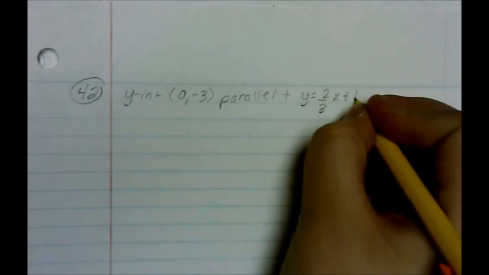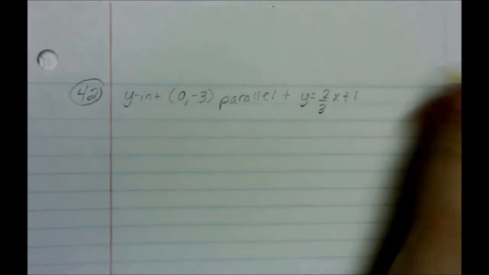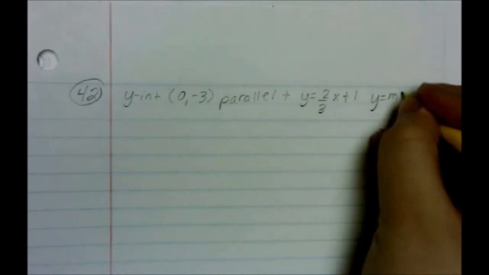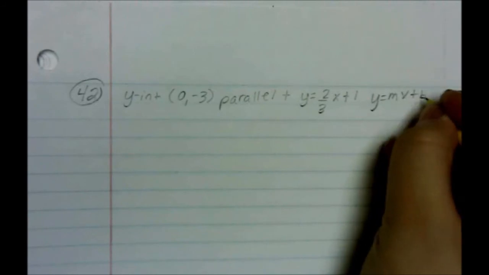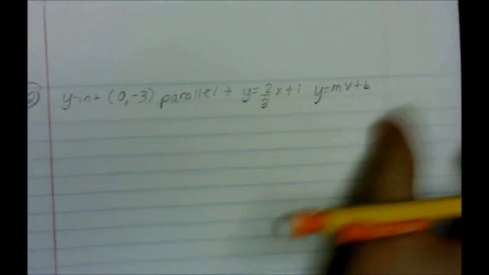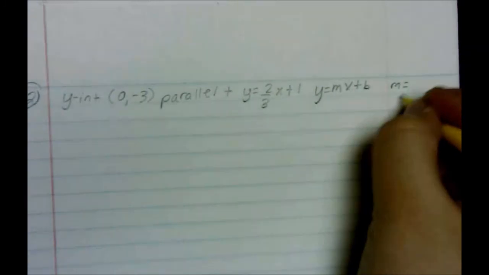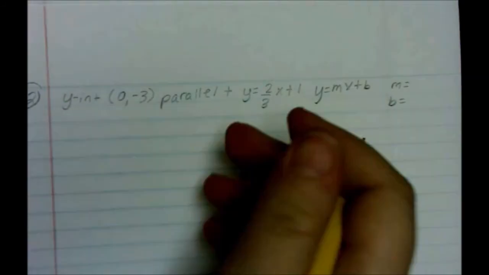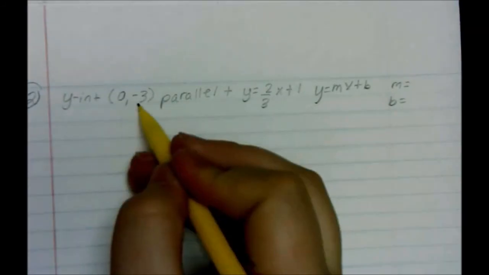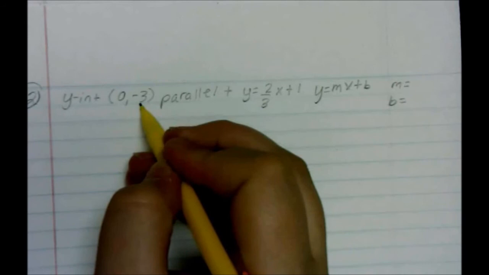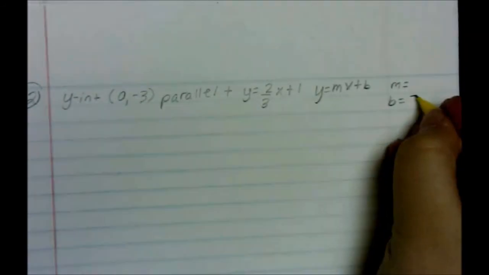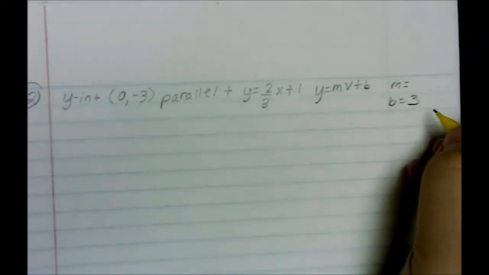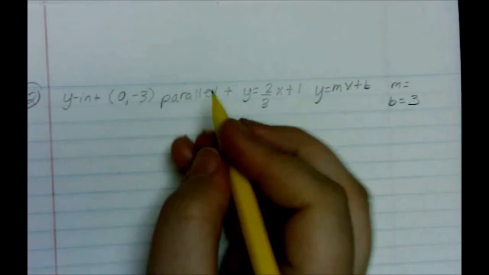Well, I'm going to write my y equals mx plus b. Then I will write my m equals and my b equals. So they tell me my y-intercept is -3, so I'm going to go ahead and plug that in over here. And they tell me that my line is parallel to this equation here.